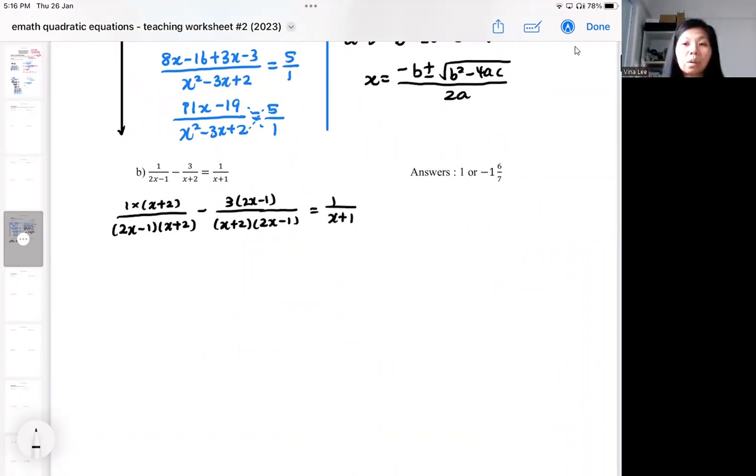Okay, you realize I ignore the other fraction first. I focus on the fraction minus fraction. So I would like the denominator to be the same, so I can subtract. So right now I can subtract the numerator. So with the same denominator, I can subtract.